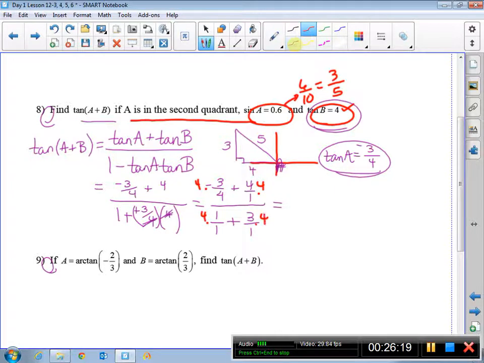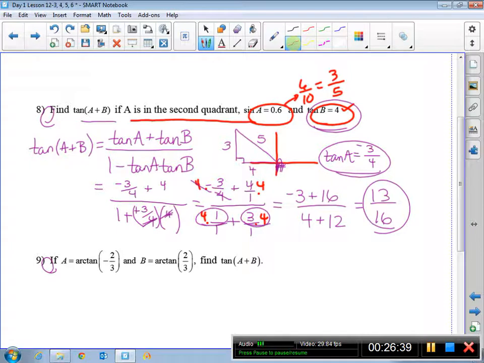A couple ways to do this. Those reduce out. Negative 3 plus 4 times 4 is 16, all over 4 plus 12. And so I have 13 over 16. 13/16 is that answer.